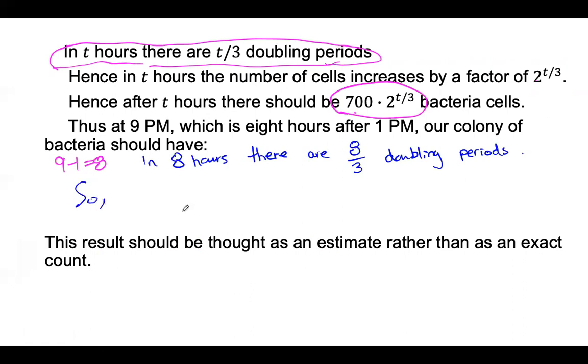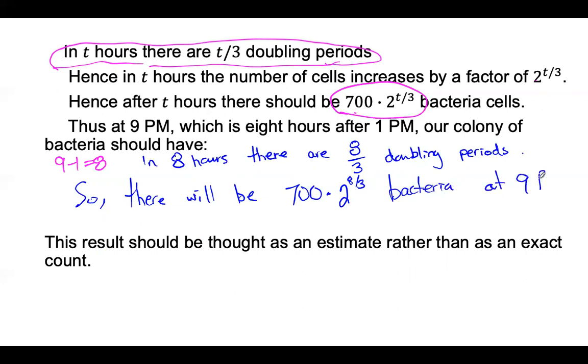So there will be 700 times 2 to the exponent 8 divided by 3 bacteria at 9 p.m. So this is approximately equal to 4,445 bacteria. And this is just thought of as an estimate rather than the exact count.